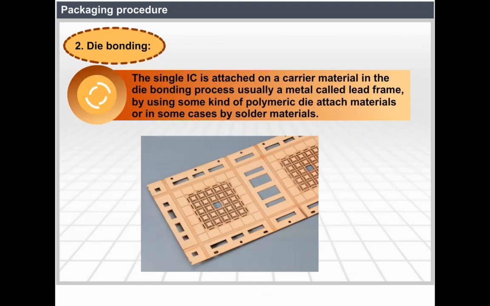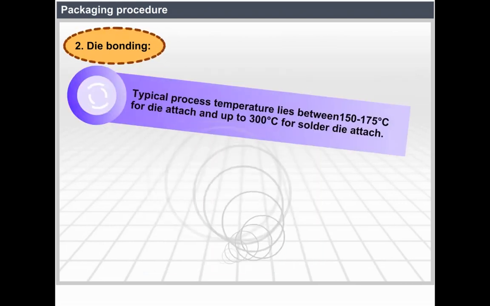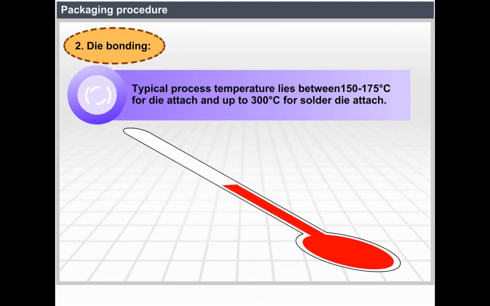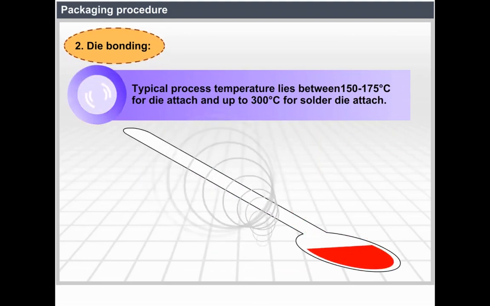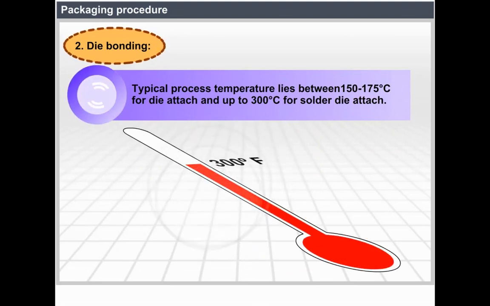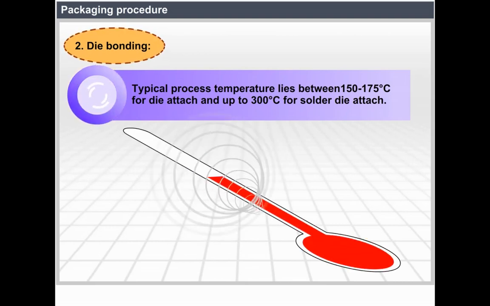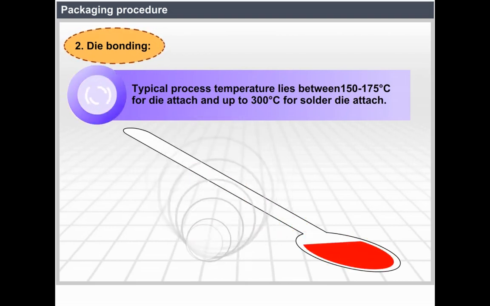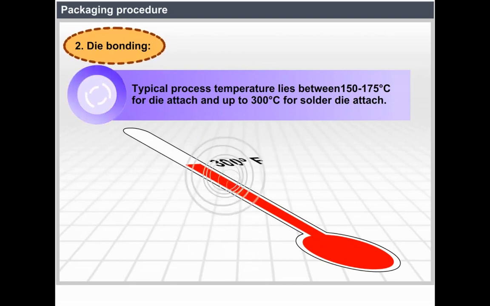In the die bonding process, the single IC is attached to a carrier material, usually a metal called a lead frame, by using some kind of polymeric die attachment material, or in some cases solder materials. Typical process temperature is 150 to 175 degrees Celsius for die attachment and up to 300 degrees Celsius for solder die attachment.